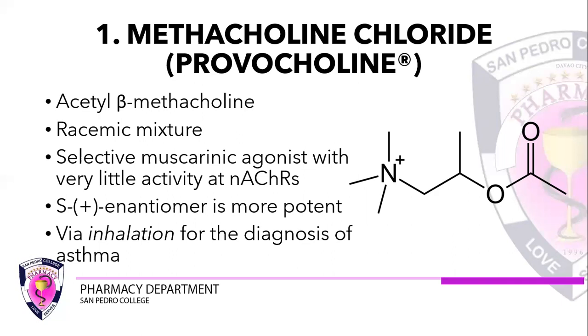The bronchoprovocation test is one of the tests used in the diagnosis of asthma. This means that if your bronchioles are reactive, if the bronchioles constrict with the help of methacholine, the patient is possibly asthmatic. So it is used via inhalation for the diagnosis of asthma. Methacholine.